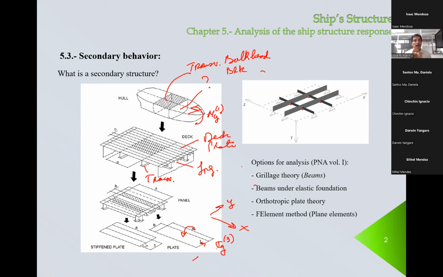Well, in the case of orthotropic plate theory, we have two values of D, one for the X and one for the Y direction. Why? Because in one direction, we have stiffeners, which are small, and in the other direction, we have very large girders, which are much stronger. So what we set up is an equation which has two values, Dx and Dy.